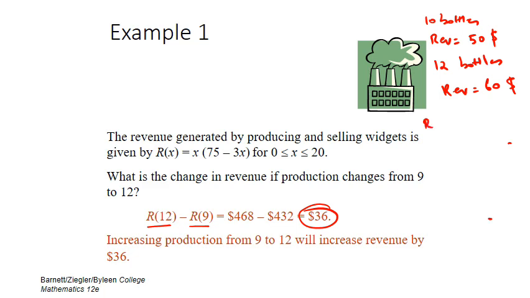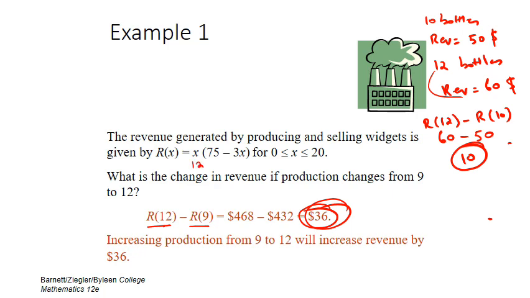The change in revenue is revenue of 12 bottles minus revenue of 10 bottles, which is 60 minus 50, so the change in revenue is 10. Similarly here, the change in revenue is r of 12 minus r of 9, so it is 36. We substitute 12 and 9 in this formula respectively.